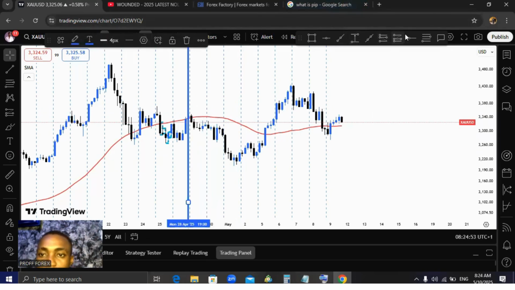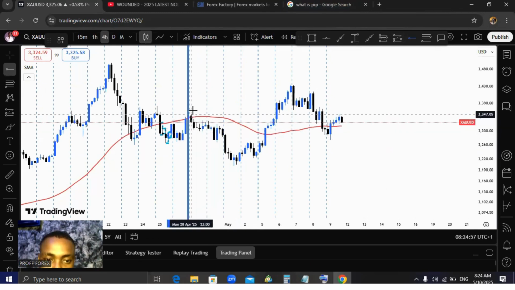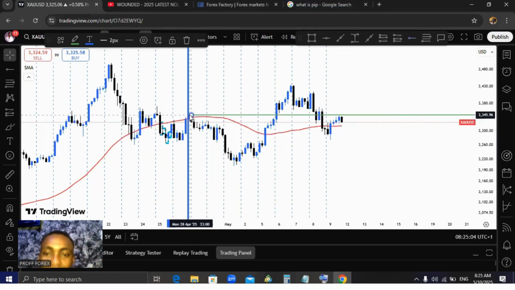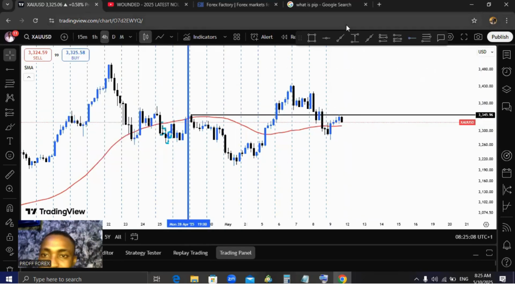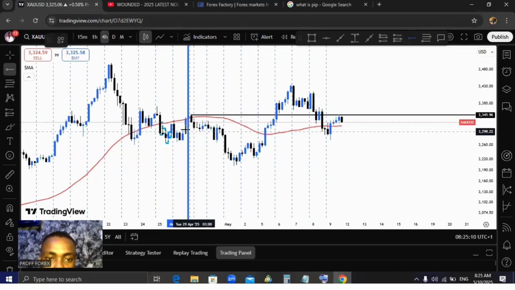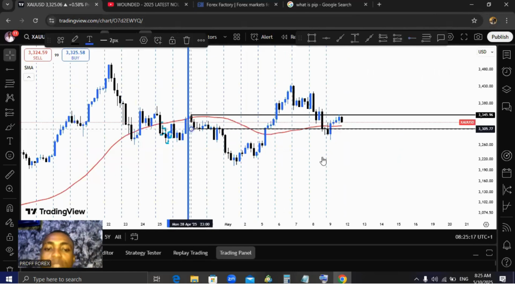So then I'll go to this horizontal range. On Monday, the first candle I print was higher than the second, so this one will be my high of the week, and I'll change the color here to black. Then the second thing, I'll come to this zone here. This second candle is the low of the week and is lower than the first candle, so I put it in here.